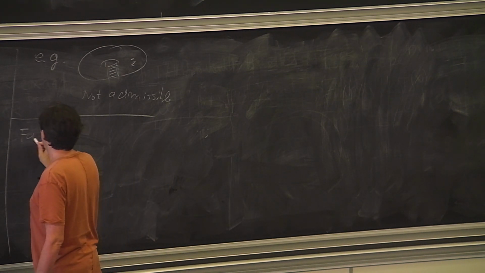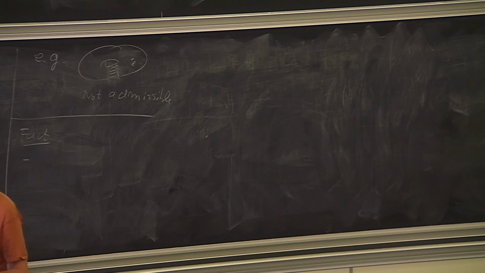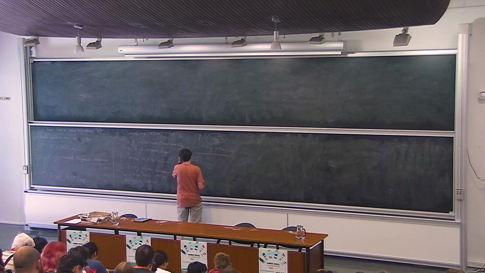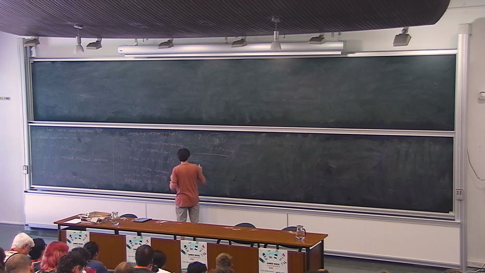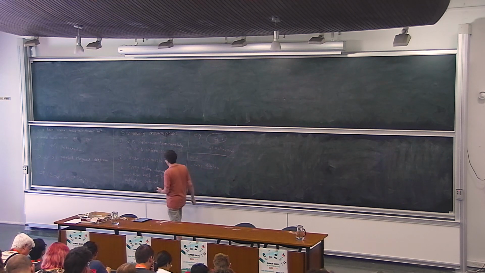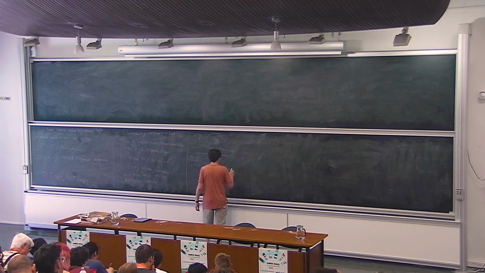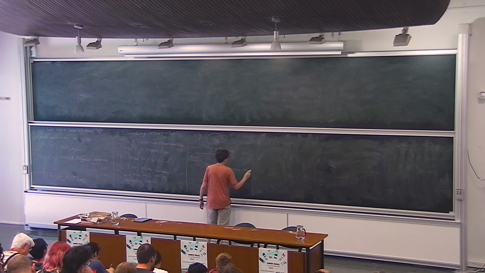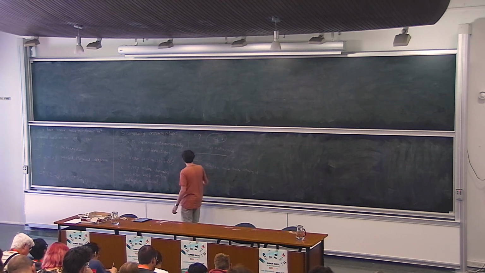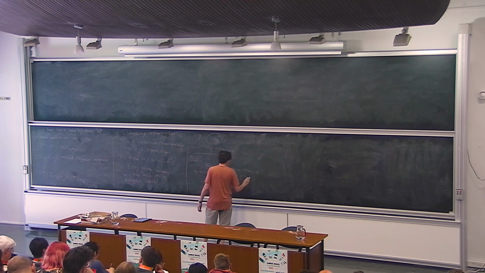So, a fact in two parts. The first one, a very long but not so difficult exercise in the exercise sheet, is that every diagram, and when I say diagram, I usually mean a pointed Heegaard diagram, can be made admissible by an isotopy of the alpha and beta curves.